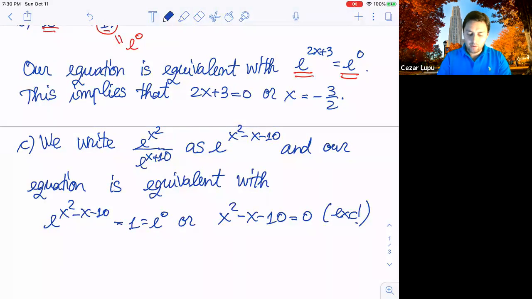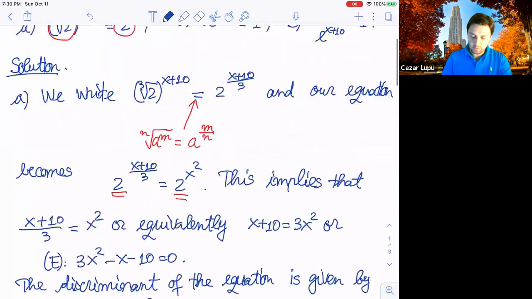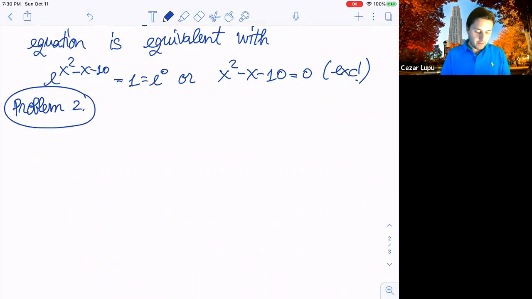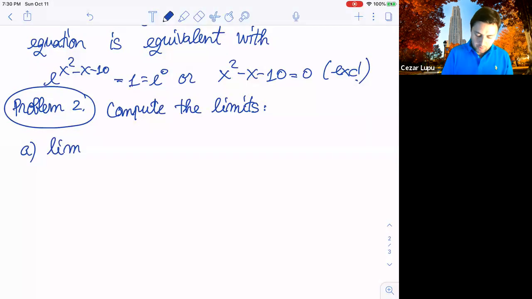Okay, now let me veer towards something else. Problem 2, which says the following. In fact, I will compute the following limits. So we would like to compute the limits. The first one is limit as x approaches -3 of 3x plus 9, everything over x squared minus 9.